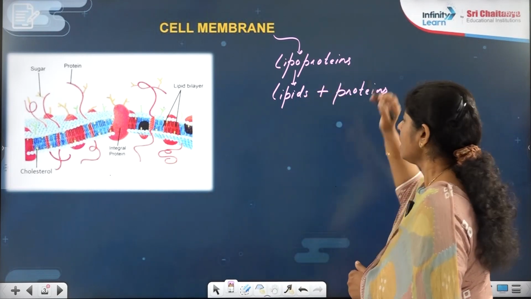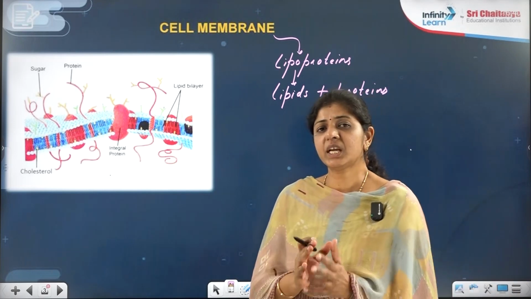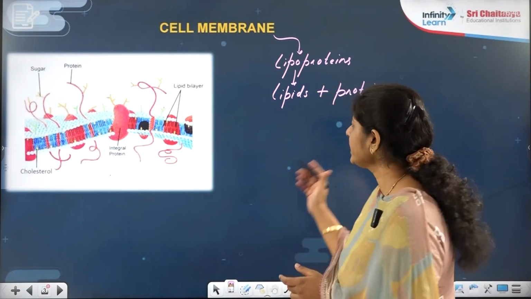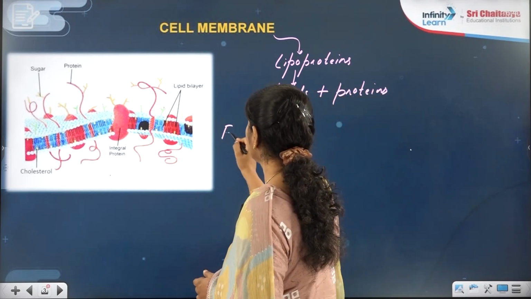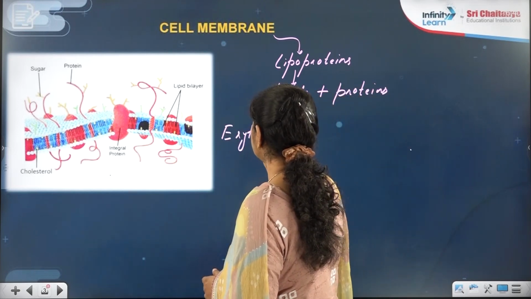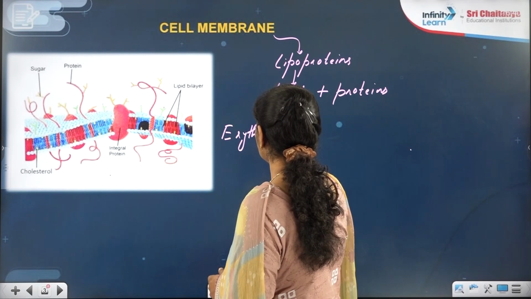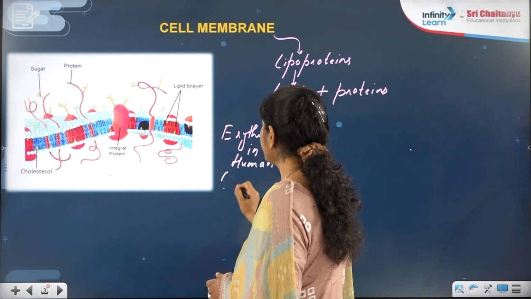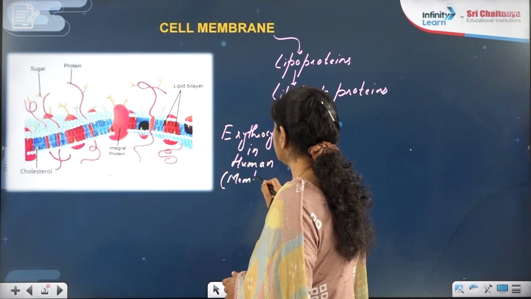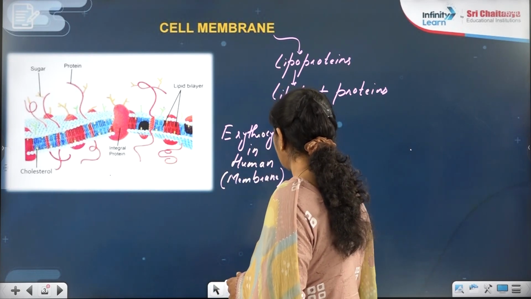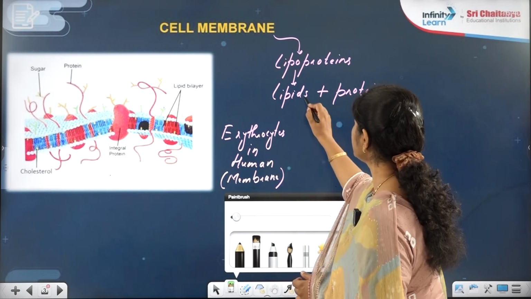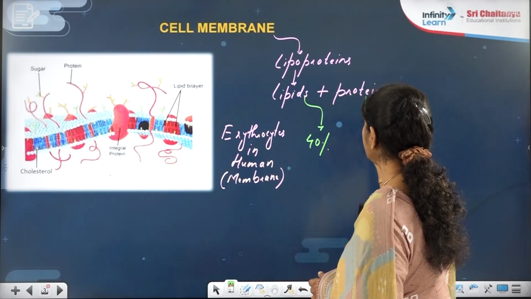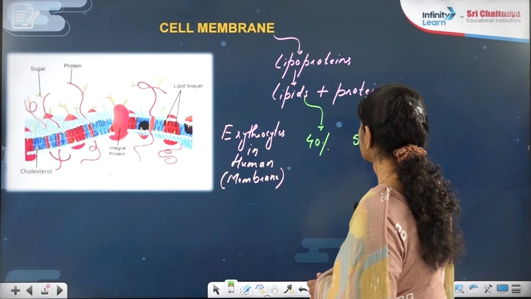right? Their ratio, their percentage will vary from membrane to membrane. Like for example, if I am taking erythrocytes in human, their membrane, if I discuss it, then their lipids will be how much in percentage? 40%, and proteins will be 52%.